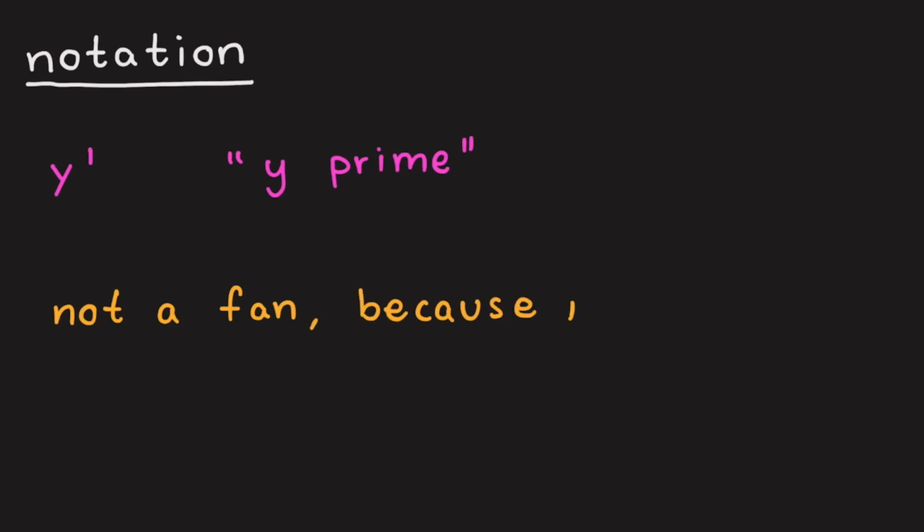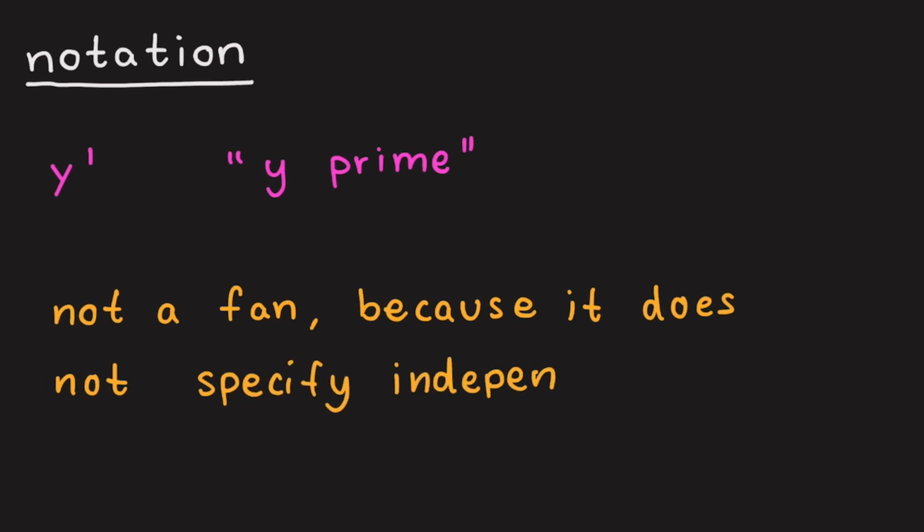The next form of notation is y prime, where y, or whatever letter that you use, represents the dependent variable. I'm not a big fan of this form of notation because it doesn't denote or specify what the independent variable is, which is very, very important. The third form is one of the more popular notations.